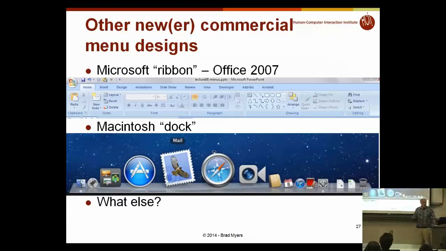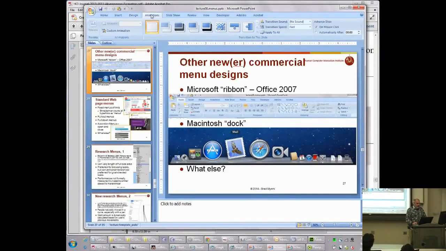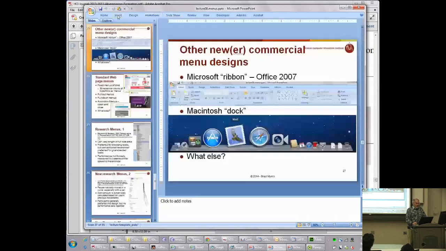And there's a variety of newer things that are pretty standard. There's the Ribbon from Microsoft, which came out in 2007, which has a fairly different set of behaviors. So when you click on them, you get different ones, and there's a way to make it roll up by double-clicking.